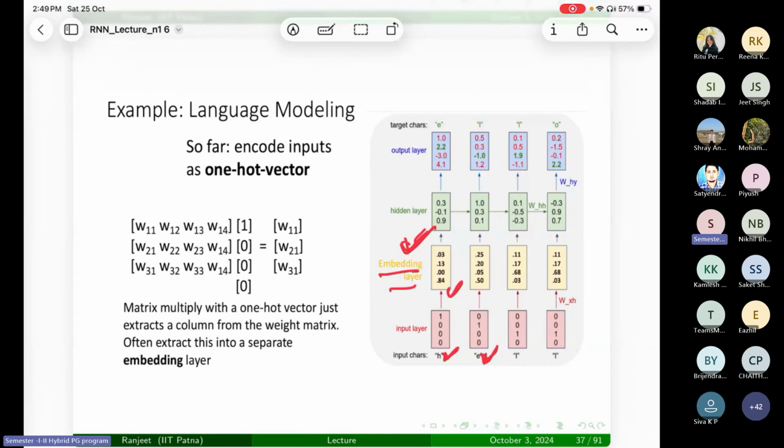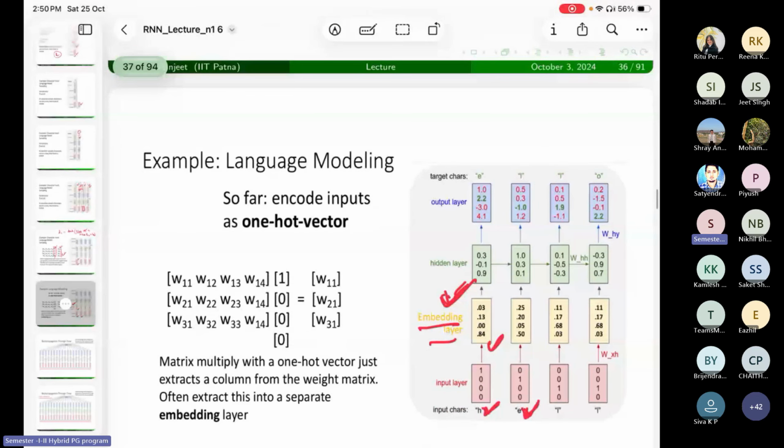So what generally is being done in this layer is some type of encoder decoder layer. Sometimes people also use a transformer here for getting this embedding. So it will have an encoder and decoder type of layer.